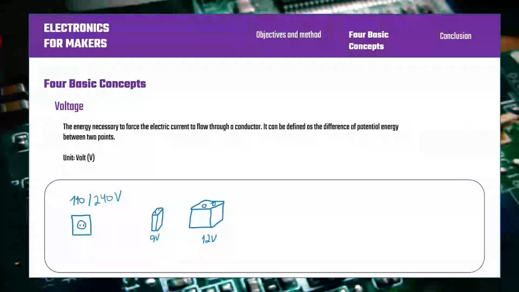So we know what flows through the conductor, and we know the force that pushes it. But how much current can go? You may think, well, what limits the amount of current that can go through a wire? Because if we go with this water analogy, like water in a pipe, there is a limit to how much water can pass.